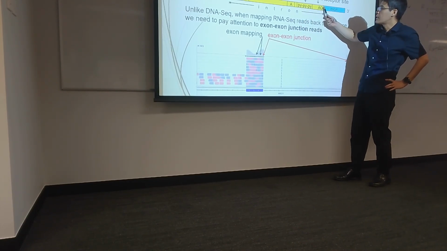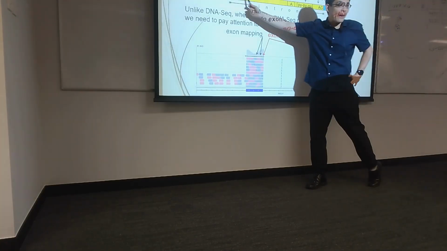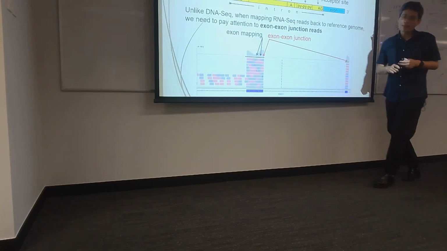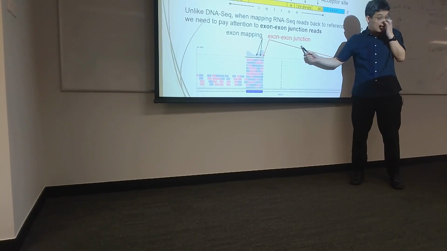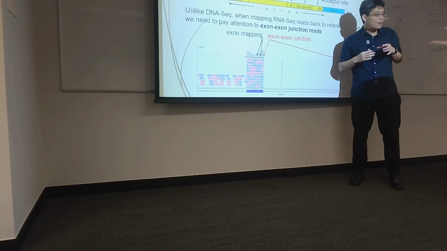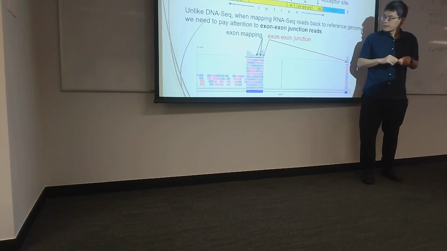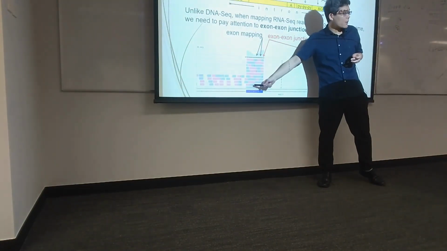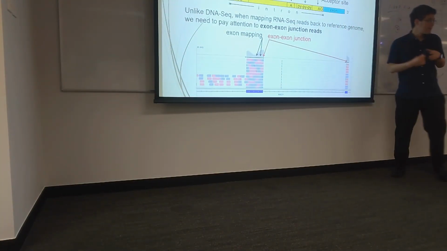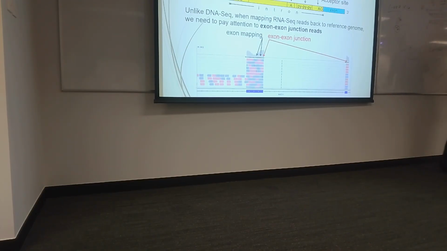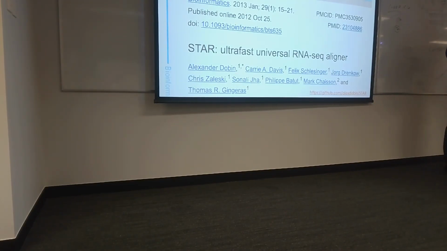Therefore, based on this pattern, we can easily find all the junctions in RNA sequencing. Then we can count how many reads are mapped to each location, right? This is the mapping process, and it has been finished by the software. We don't need to know the details, but we do want to know at least the name of the software for the alignment.